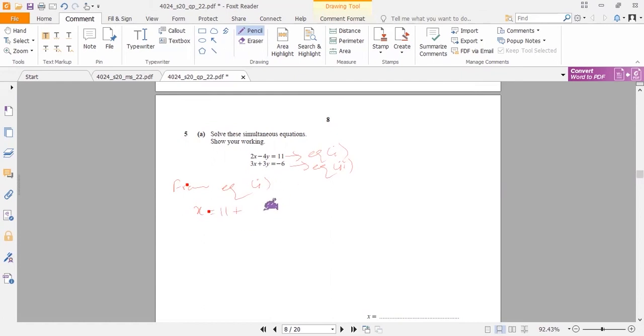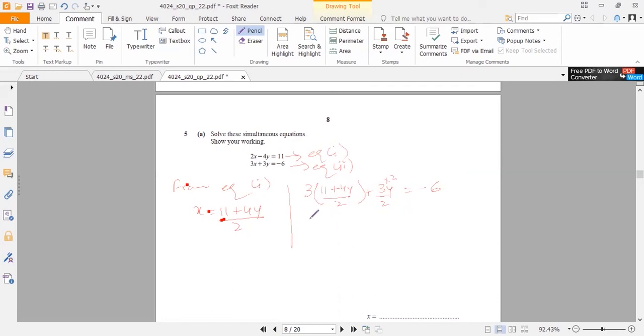Now I'm going to put this value in equation 2. (11 plus 4y) upon 2 plus 3y equals minus 6. Obviously firstly we need to make the denominator same, multiply by 2, divide by 2. So if this 2 will be shifted toward the right side, it will multiply with minus 6.